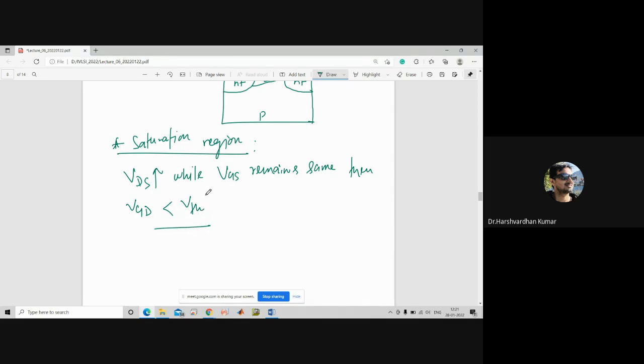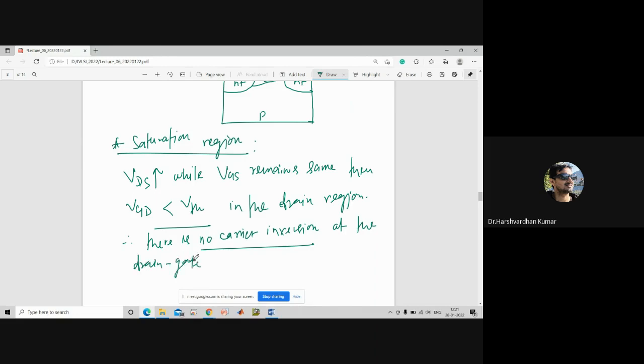Then what will happen in the drain region? There is no carrier inversion at the drain. As a result, there is no carrier inversion at the drain gate oxide region.